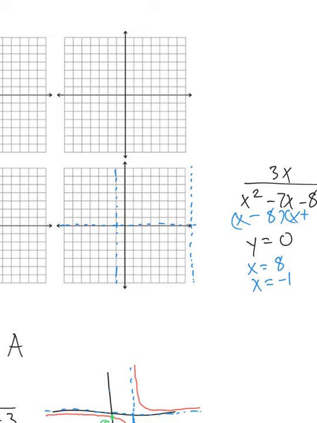My coefficient is positive in front of my x squared, so this is going to be positive. So I'm going to start here down below. And then here in the middle, it actually crosses, and then it's going to go down, and then it's going to look like that.